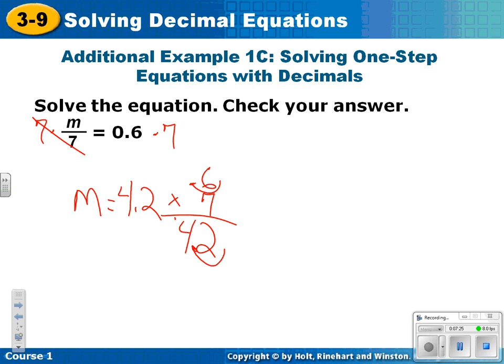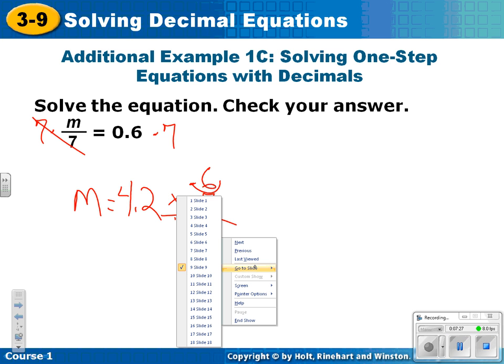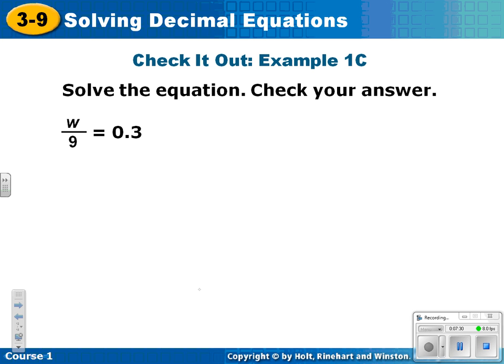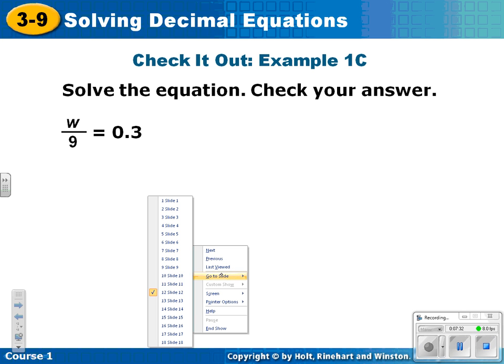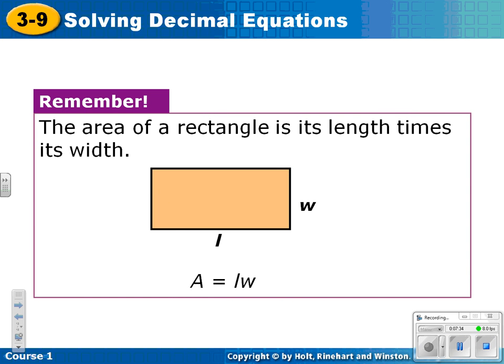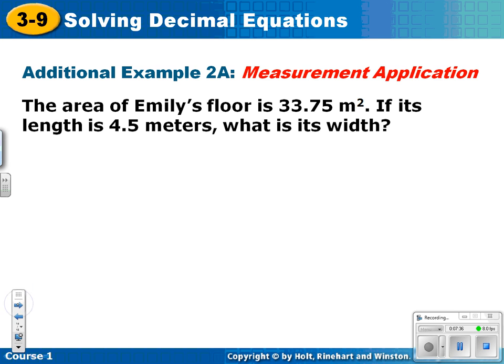The last thing I want to ask you about. The area of Emily's floor is 33.75 square meters. Its length is 4.5 meters. What's its width? How do we figure out area?